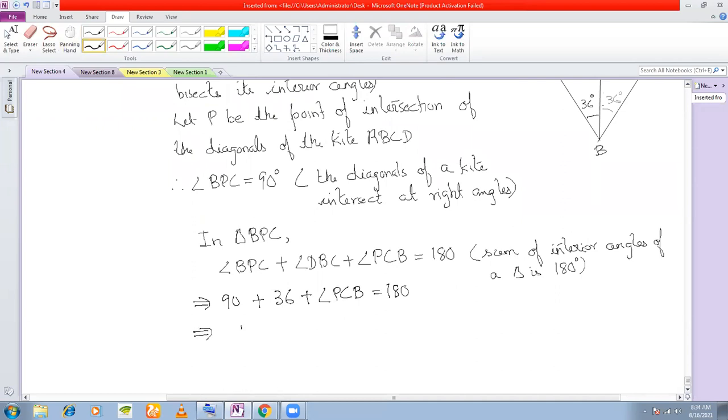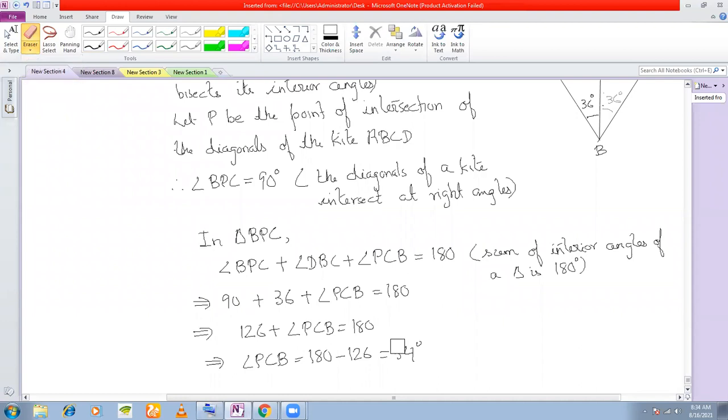So 90 plus 36 is 126, plus angle PCB is equal to 180. So angle PCB is equal to 180 minus 126, which is 54 degree.